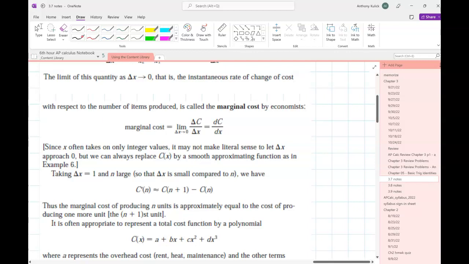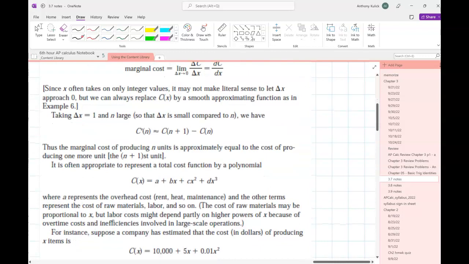They have a little caveat here that says since X often takes on only integer values, like you can't make a third of an item, it may not make literal sense to let delta X approach 0, but we can replace C of X by a smooth approximating function as they did in example 6. Basically, instead of a stepped function that is only defined at points, you just smooth it out and we'll make an approximation. It'll be good enough.